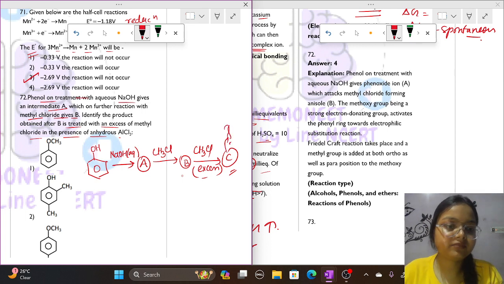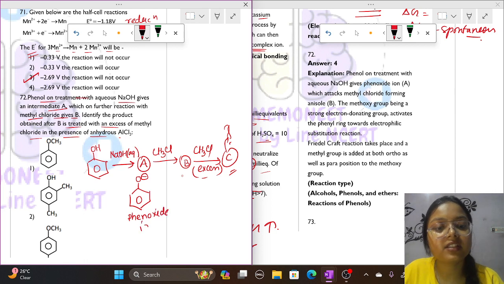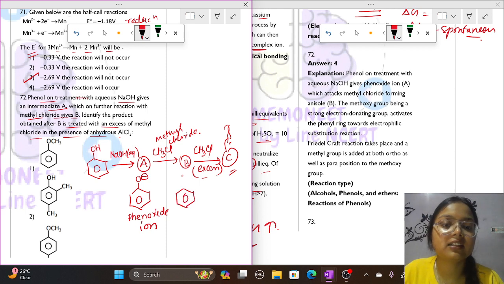So phenol on treatment with aqueous NaOH, what will it get? It will get an intermediate which is known as the phenoxide ion, which on treatment with CH3Cl, the methyl chloride, has the CH3 attached to the oxygen O minus here.